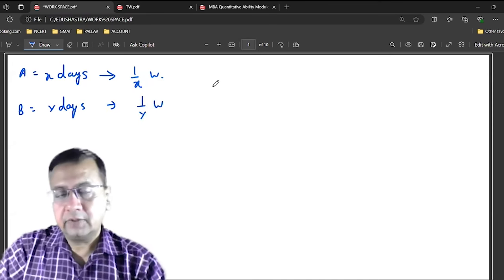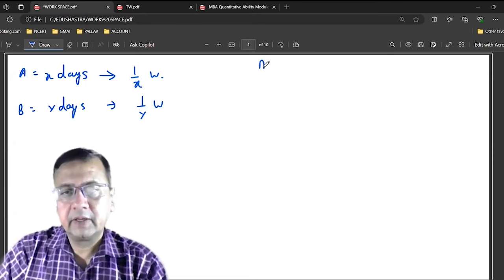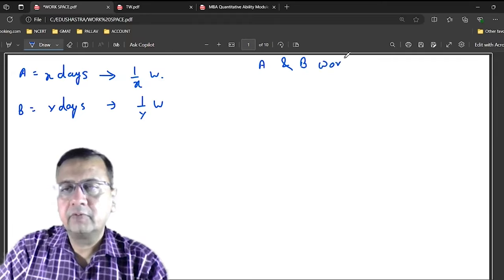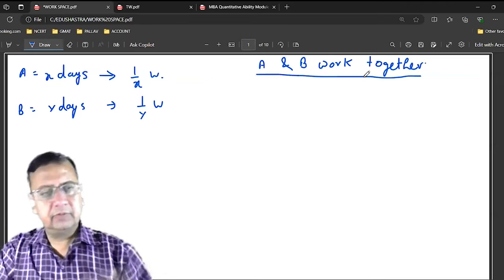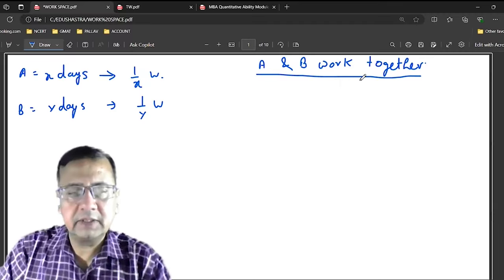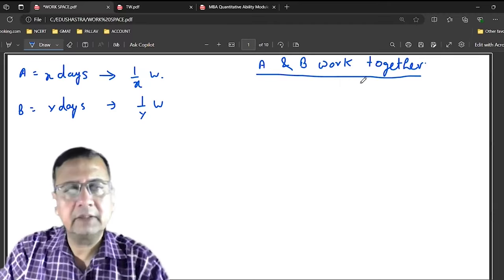Right. Now I am saying A and B work together. They are working together. A and B are both very good friends and they are working together, just like partners.